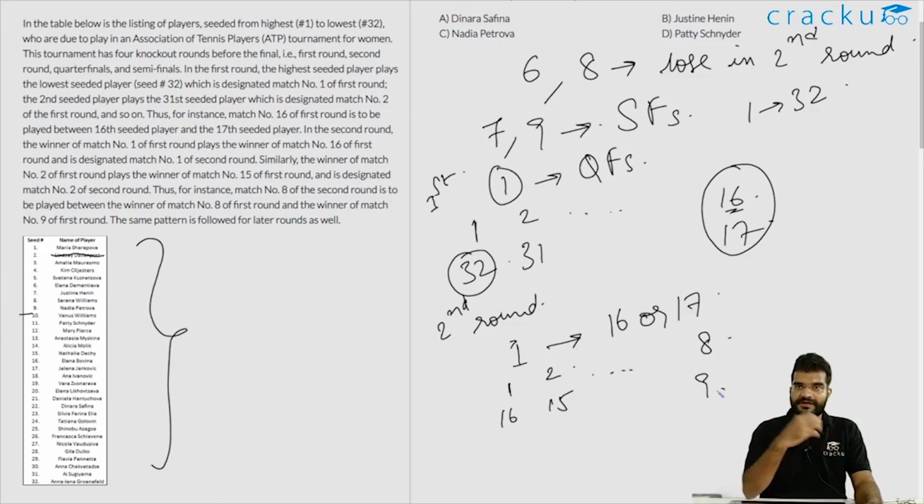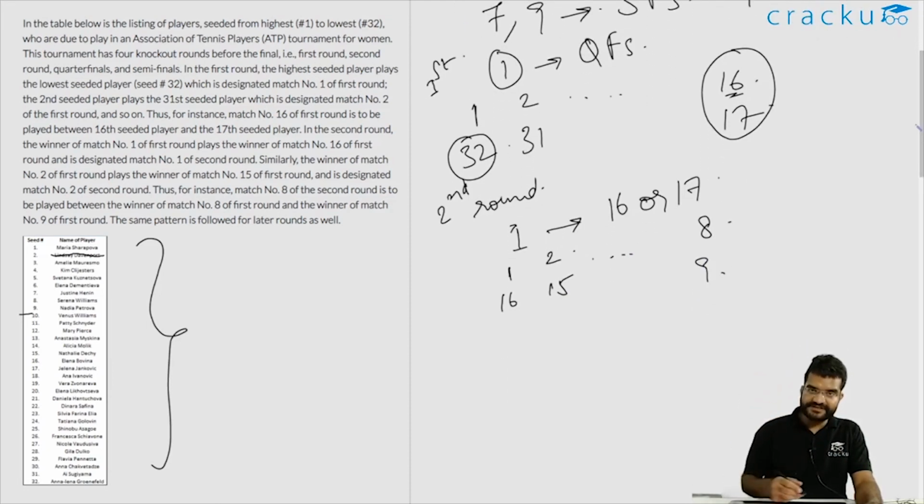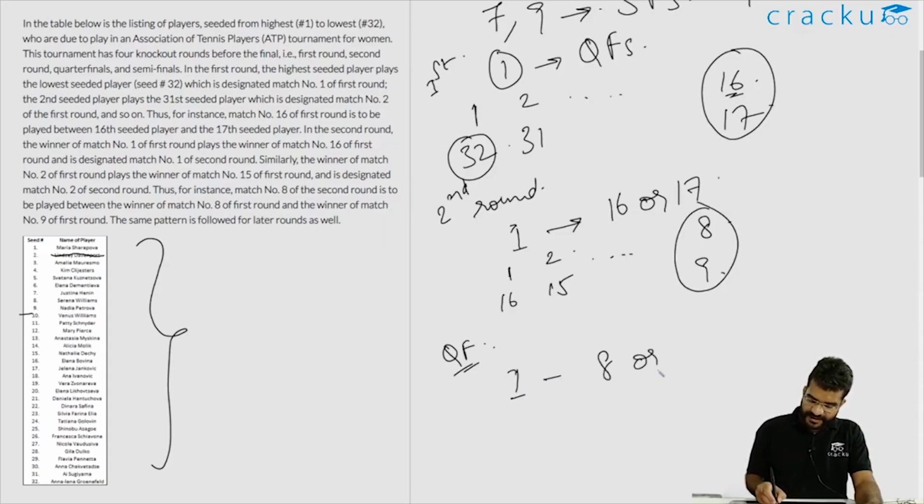This is if all the higher ranked players have won. Now the reason we are considering this is because we want to identify who Maria Sharapova would potentially face in the quarterfinals. So in the quarterfinals, the potential opponents for Maria Sharapova are the winner of 8 and 9. So in quarterfinals, 1 would face either 8 or 9.